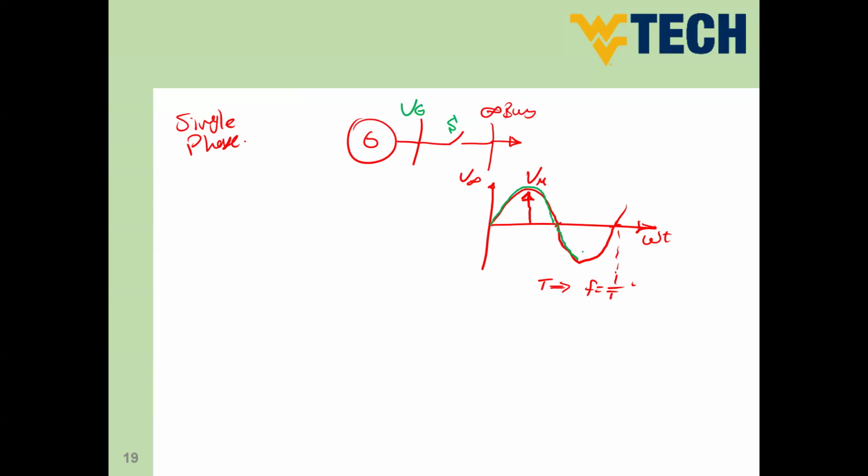So the sine wave of our generator has to be identical to the infinite bus sinusoidal wave. Otherwise, if you have any difference between the instantaneous value of the generator and the infinite bus, this would create a problem or a short circuit. So we have to have the same instantaneous value in order to synchronize the generator to the infinite bus.